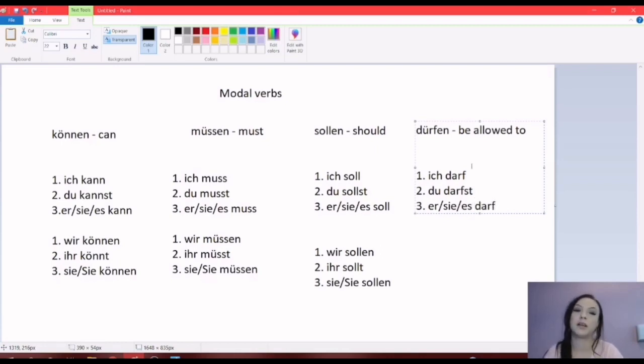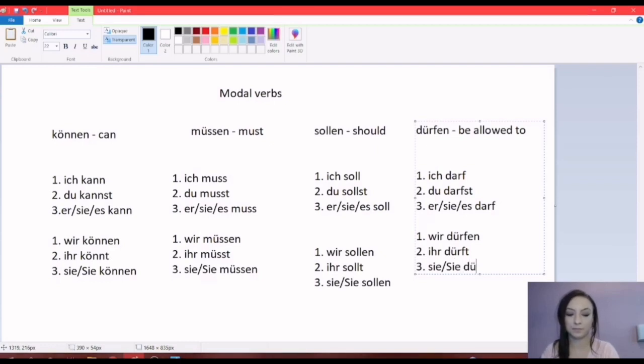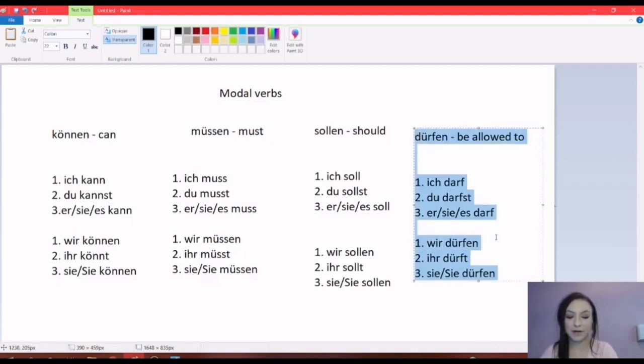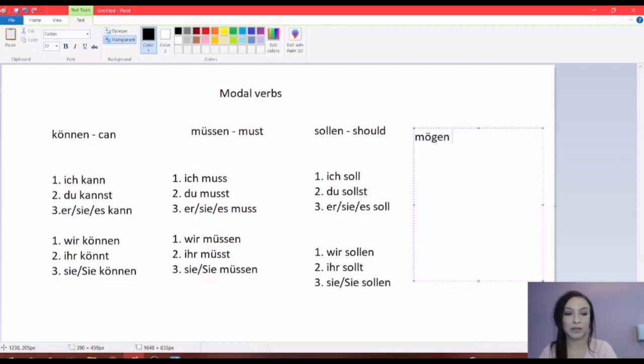So the first and third are the same. Wir dürfen, ihr dürft and sie dürfen. Plural is the same.